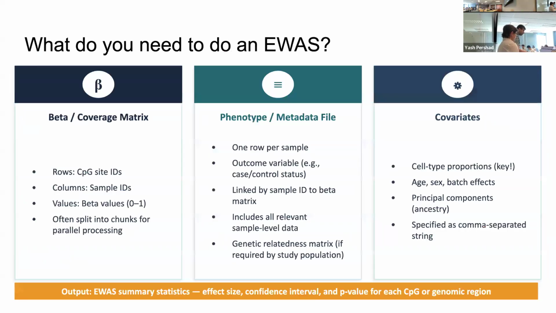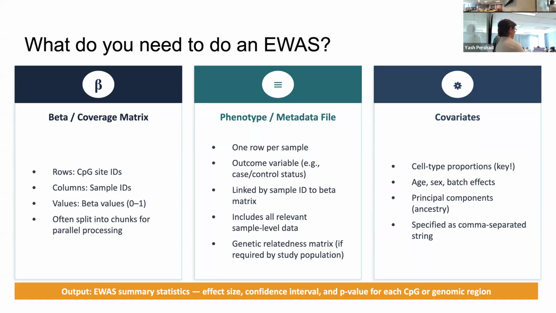Cool. So we kind of talked about this, but I'll explicitly state it again. So you'll have a beta or coverage matrix with rows being your CPGs. If you had EPIC array data and enzymatic methylation data, it's important to remember that the CG IDs that you may have worked with in the past are made by Illumina to interpret their probes.